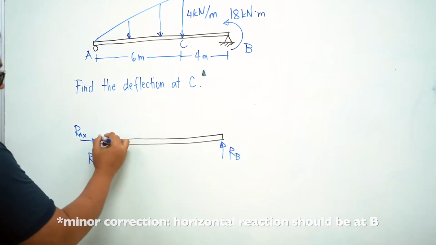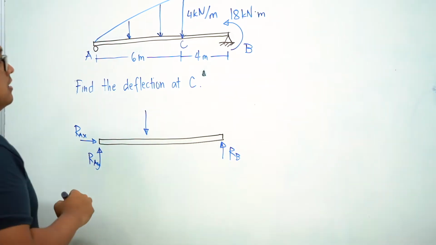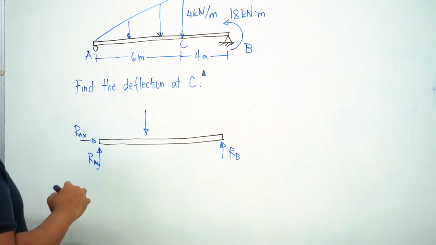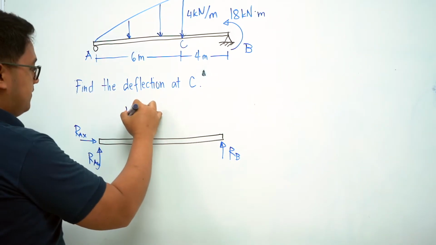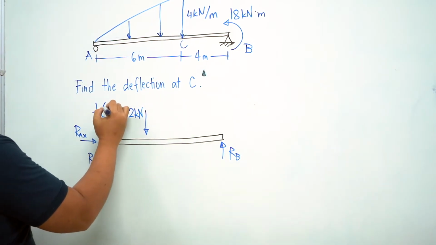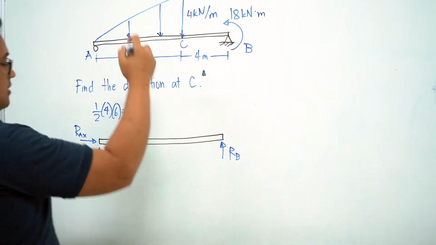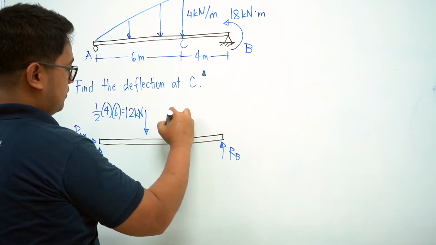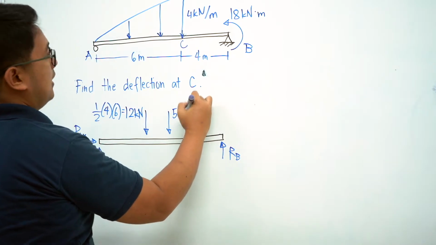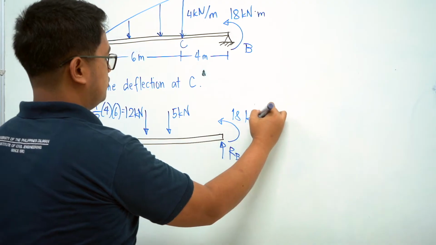And then we have the resultant of the triangular load, which is equal to 12 kilonewtons. So this is 1/2 times 4 times 6. Okay? And the 5 kilonewton concentrated force. And the concentrated moment is 18 kilonewton meter.